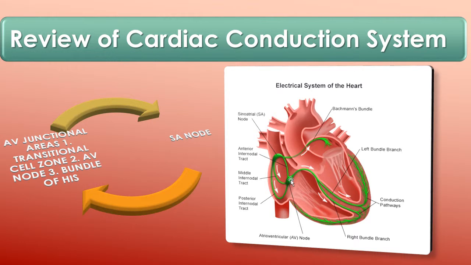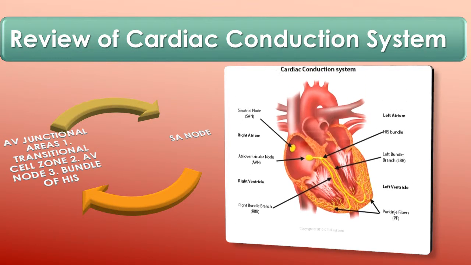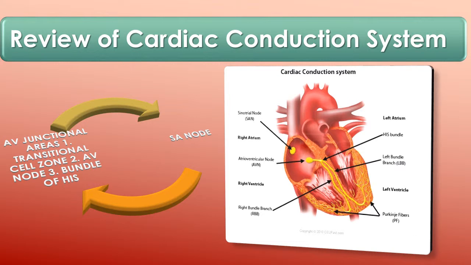Let's go back to the other picture. So here we have the AV node, the transitional cell zone, and the His bundle, or the bundle of His. Transitional cells cause impulses to slow down or be delayed in the AV node before proceeding to the ventricles, allowing the atria to contract.